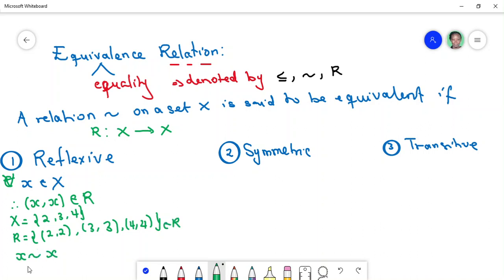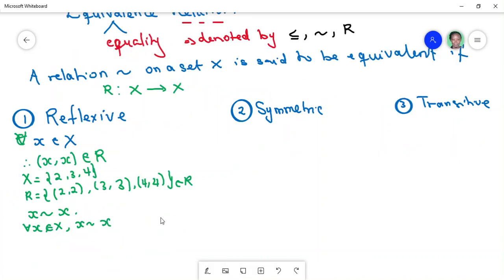So it is reflexive if for all x in X, I have x related to x. That is what we mean when we say it is reflexive.